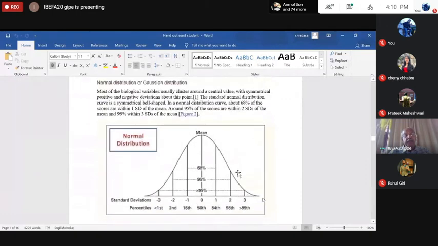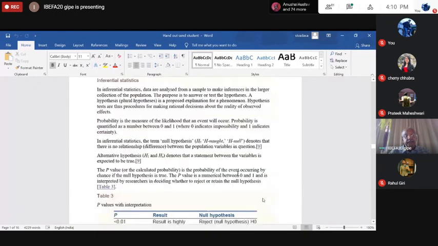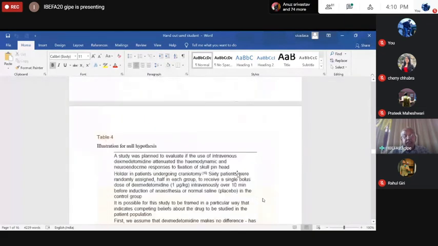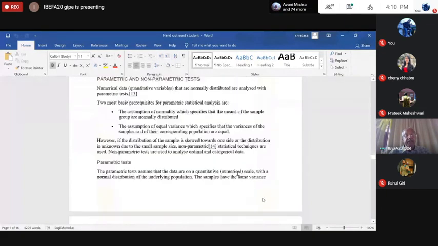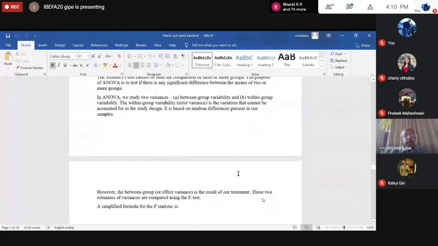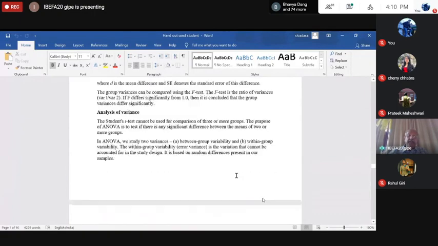See, normal distribution. See, testing of hypothesis. All these are going to happen now from module 4 onwards. See the title of the handout.